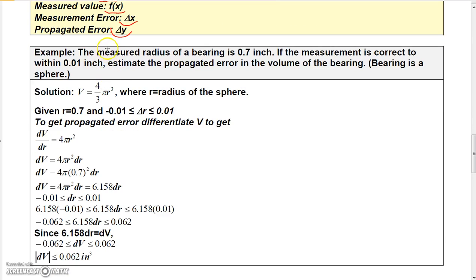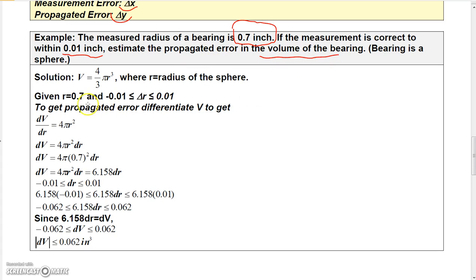Let's look at an example. Let's say we want a ball bearing, which is basically a sphere, to have a radius of 0.7 inches. Now, if we know the measurement is correct to 0.01 inches in either direction, we can estimate the propagated error in the volume of the bearing.